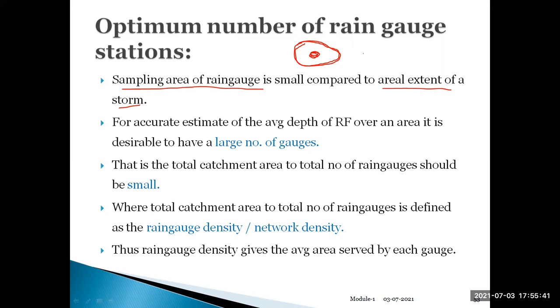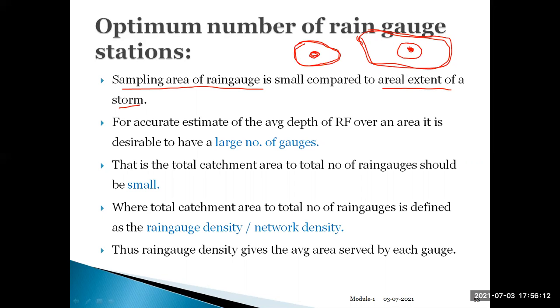But the storm will occur over a very large extent. The rain gauge you have installed, as in the second figure, will record only this area of rainfall, which is the sampling area. So compared to the areal extent of the storm, the sampling area is very small.